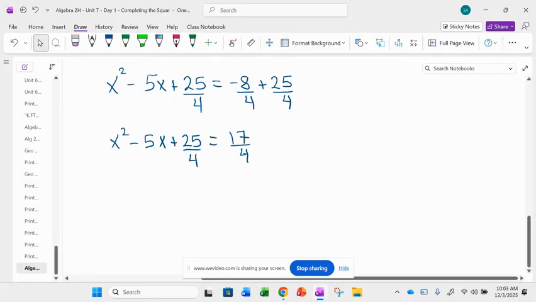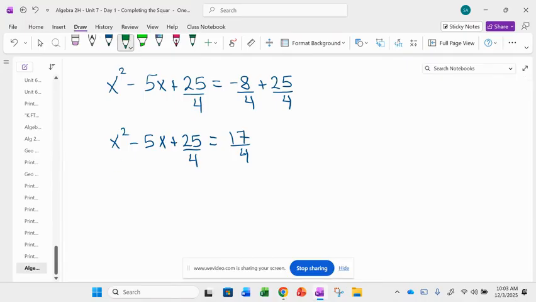So on the trinomial side, we want to factor it into some quantity squared. Remember what I said. This is, well, if we did it correctly, it will always factor into some quantity squared. So I know it's going to be an x minus, and then all you have to do is take the square root of that last number. So what's the square root of 25 over 4? Ariana? 5 halves.